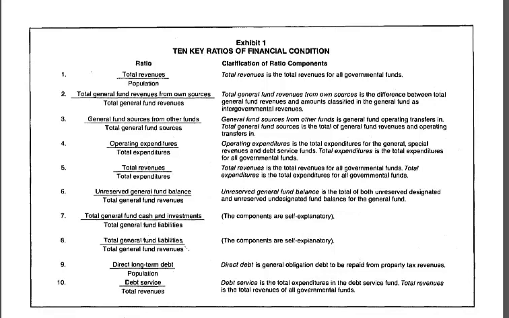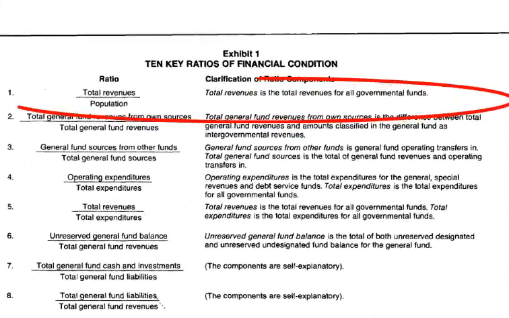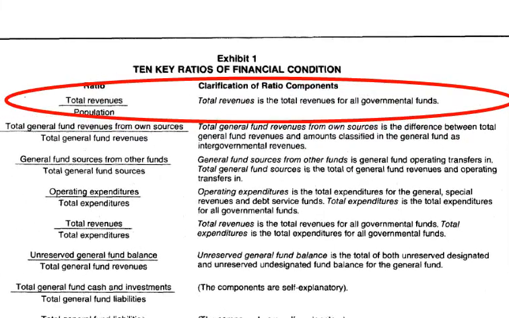So let's look at the first ratio, which is total revenues for all governmental funds divided by population. Again, remember, we are focusing just on the governmental funds, and this is looking at revenues per capita.